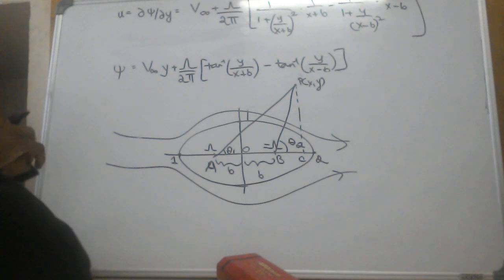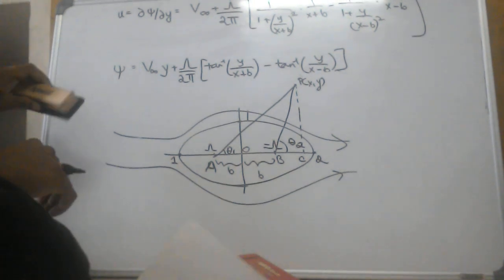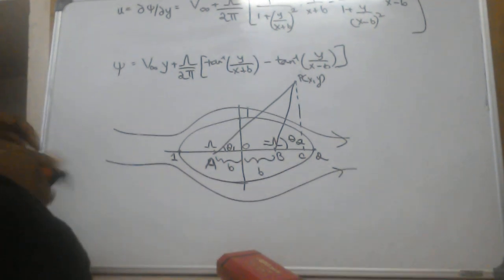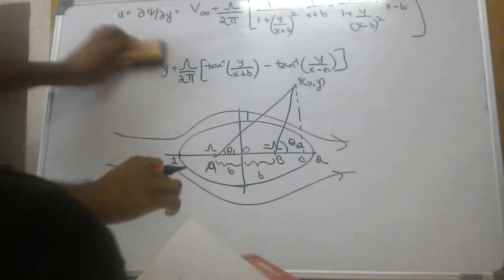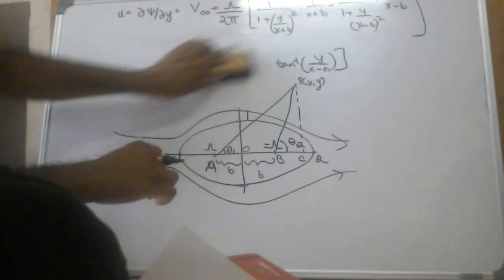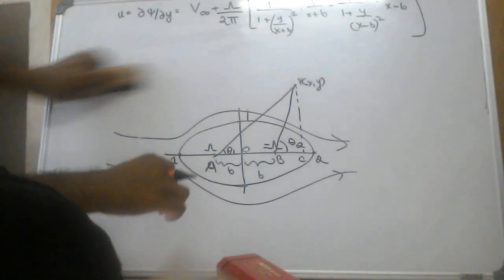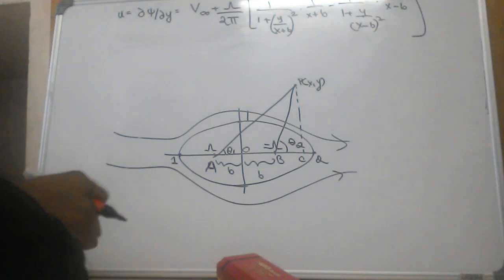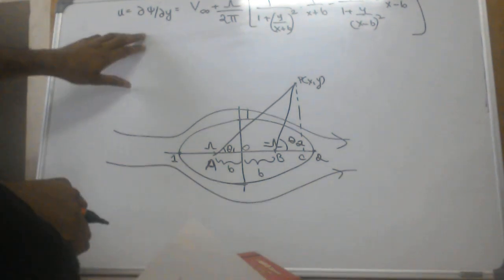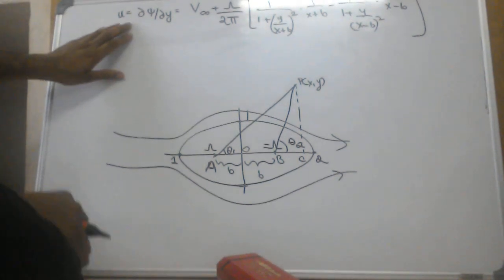So let me just erase this. We'll write it down if we need it later. So I need to find out at what point this u velocity goes to 0.